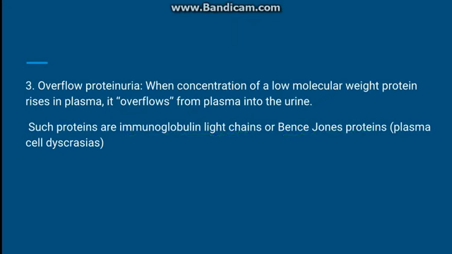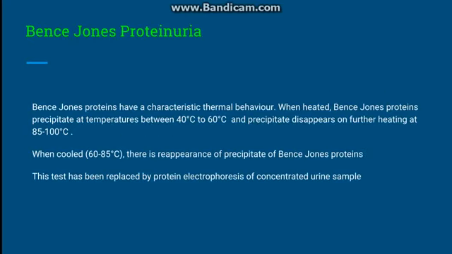Now, what are Bence-Jones proteins? They are immunoglobulin light chains, seen in multiple myeloma, and they also have a very characteristic thermal behavior. When we take a sample having these proteins and heat it, the proteins tend to precipitate at a temperature of around 40 to 60 degrees Celsius, and when we keep on heating the sample, the precipitate disappears around 100 degrees Celsius.